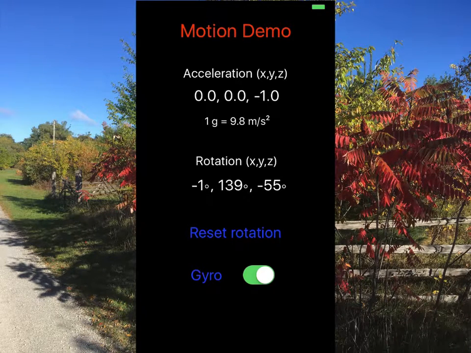Now if I reset gyro data, what that does is reset the angle to 0, because in an integration, it's always relative to where you start from. So I could pick it up and start rotating the device again. Let's go to the next part of the demo.